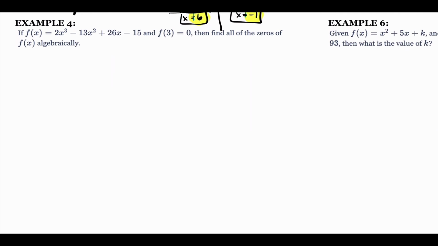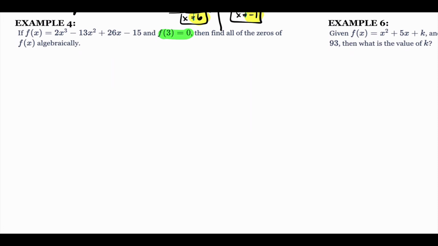Same question. The part that's different is this guy right here. He's a different color. It doesn't say this is a factor like the last one. That green part's the difference. So what does that mean? F of 3 equals 0. See where the 3 is? What's usually in that spot?